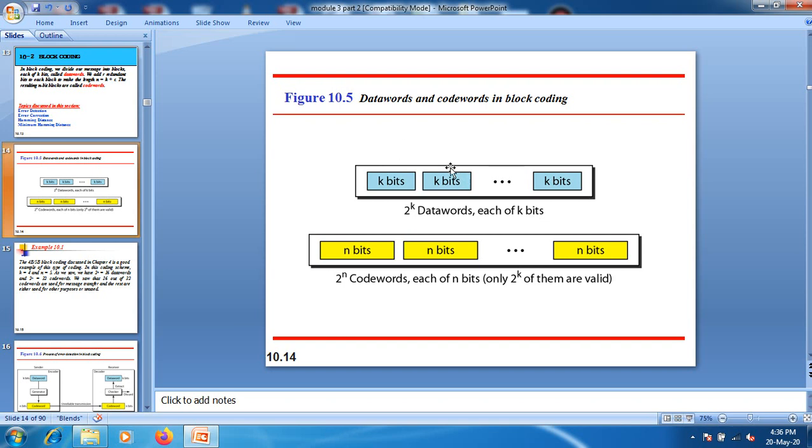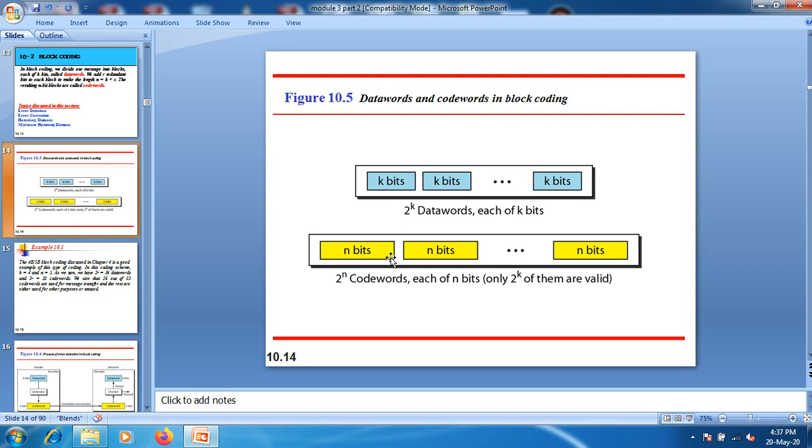In the same manner, in block coding we need to divide the message into k-bit blocks here, and we need to generate code words. The code words are of size n bits, where n equals k plus r here. We need to append r bits here.